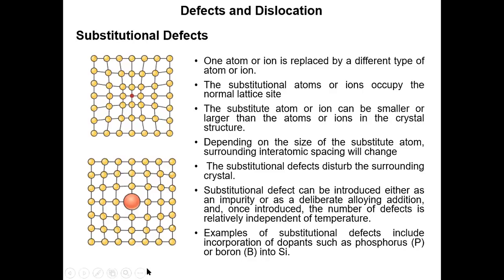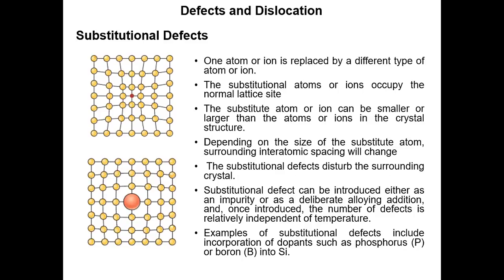Substitutional defects can be introduced either as an impurity or as a deliberate alloying addition, and once introduced, the number of defects is relatively independent of temperature. Naturally there can be this type of substitutional defect, or we can intentionally add impurity atoms, for example to make alloys, to alter the properties.